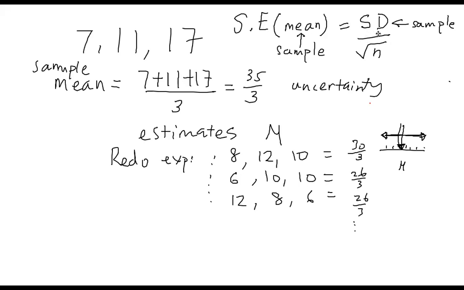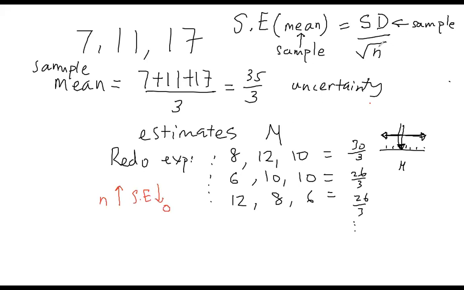As you can see, it is a function of n, divided by the square root of n. If your n is large, then your standard error will go down towards 0.